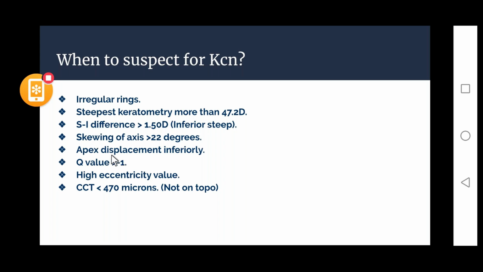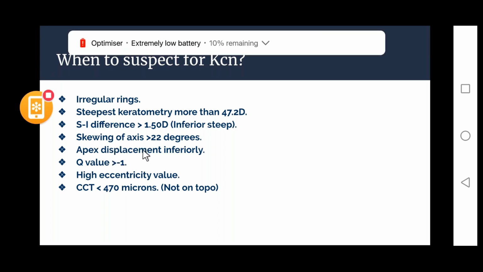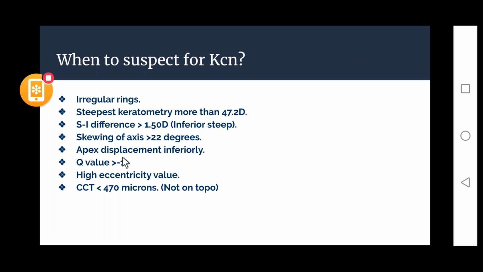Can someone please tell me, if I'm telling you that we should suspect a Q value of more than -1, then what will be the shape factor? If you want to suspect the patient based on the shape factor, above what value will you start suspecting? Can someone please put a comment on it?